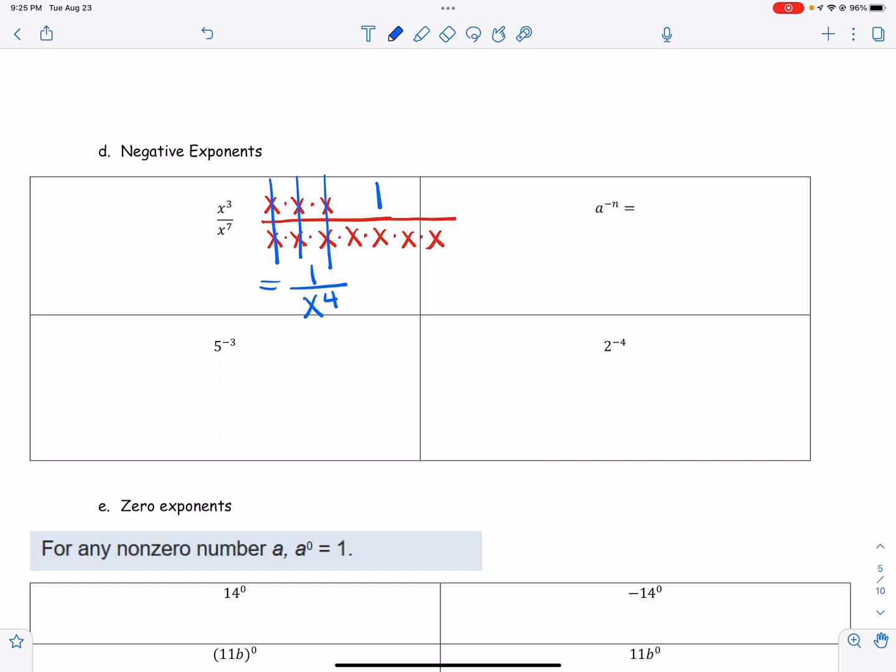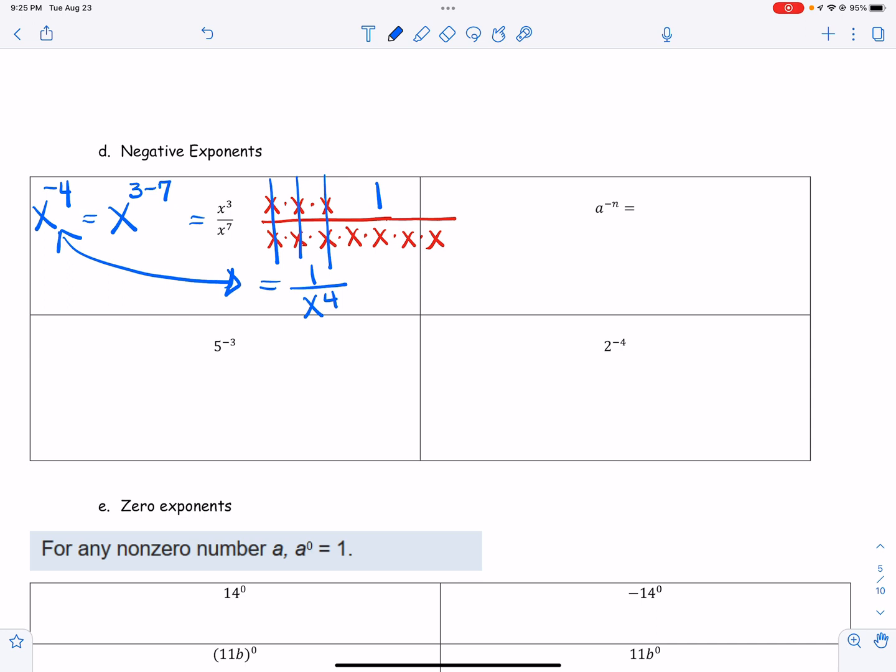If I did this using the quotient rule, I would write the base of x, take 3 and subtract 7, which gives me negative 4. And these two have to be the same. So x to the negative 4 is the same as 1 over x to the positive 4.